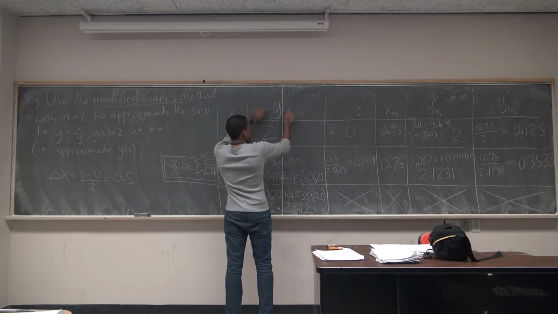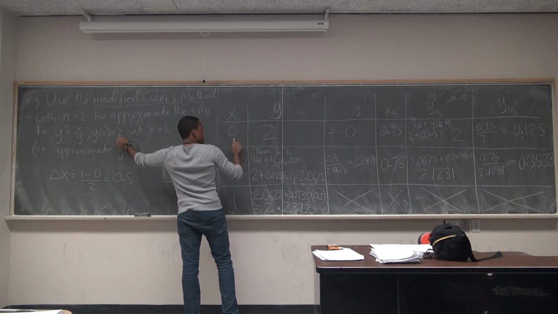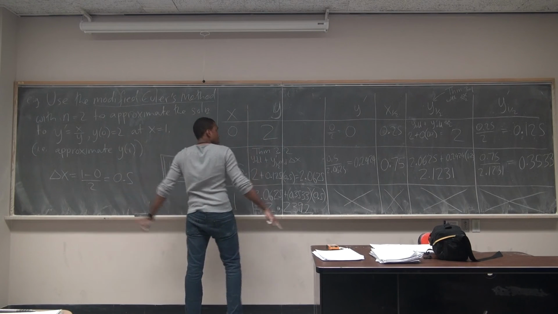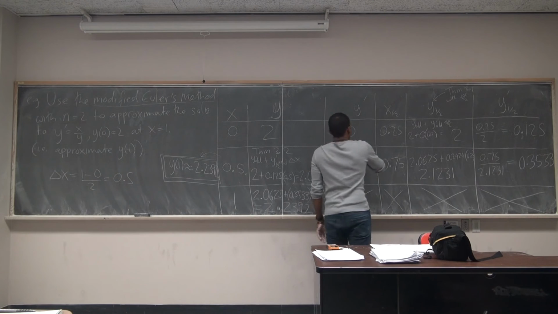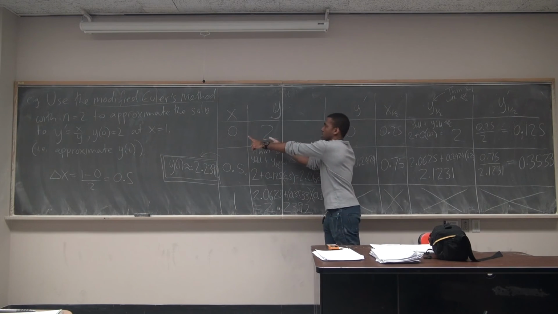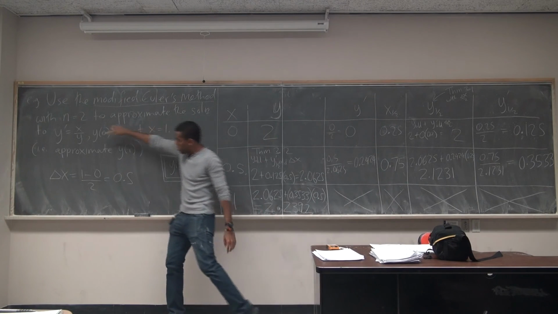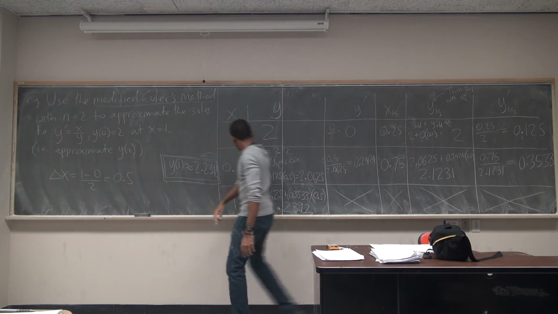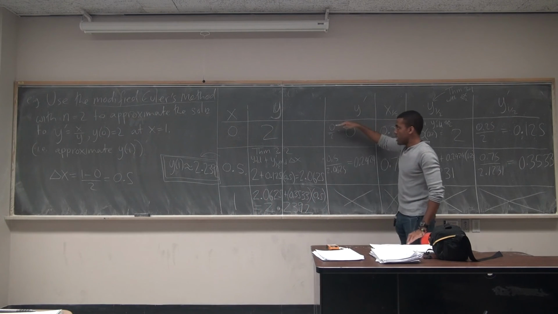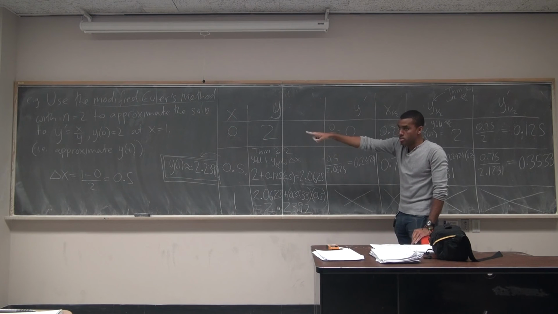Now, the first y value comes from your initial condition. When x is 0, y is 2. To figure out the derivative, for both derivative columns, you always do the same thing. You plug the x and y into the given formula. In this case, the given formula was x divided by y. So at any given time, I kept dividing x over y, following that same formula.